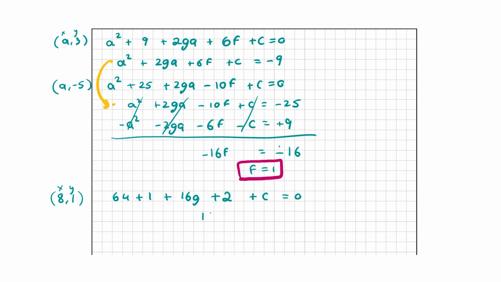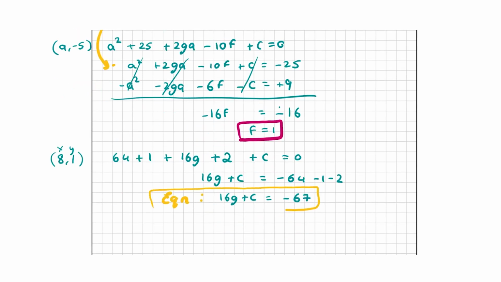So we're going to be left with 16g plus c is equal to minus 64 minus 1 minus 2. So 16g plus c is equal to minus 67. So that's going to be our first equation. And that's just with our two terms, g and c.